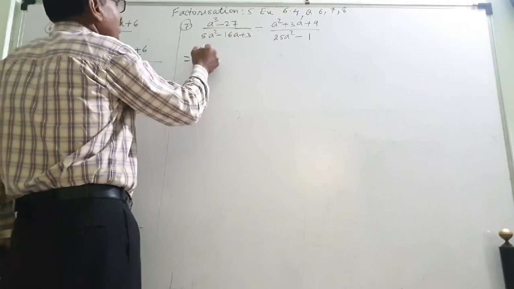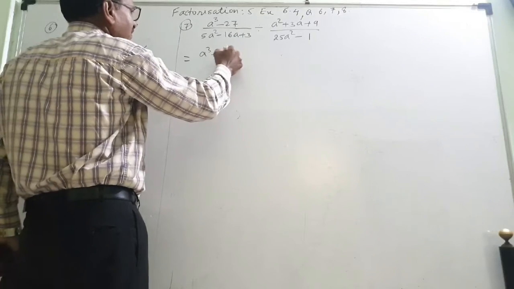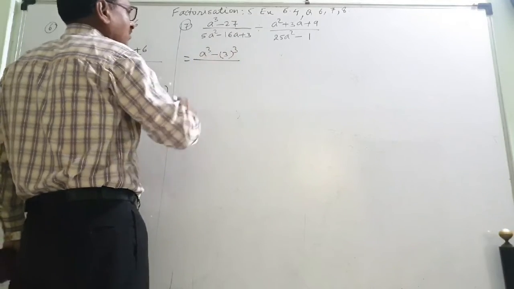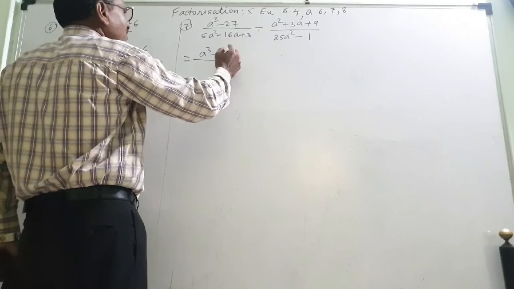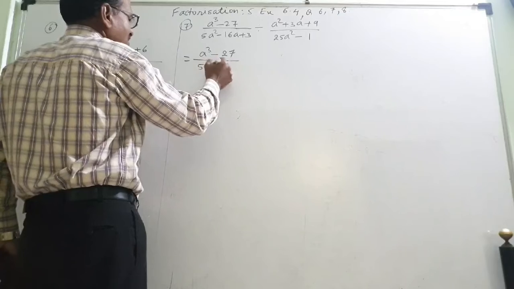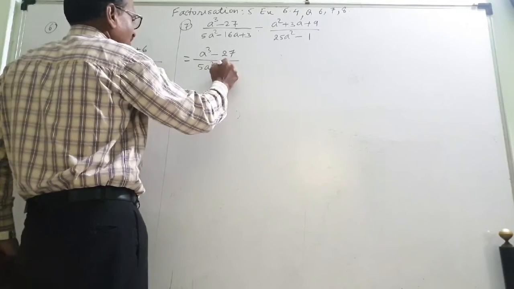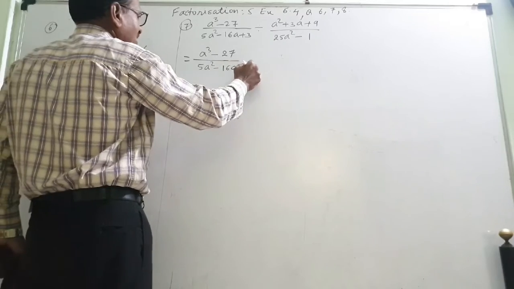So that is equal to a cube minus this is 3 cubed upon. In the first step I will keep it as it is: upon 5a square minus 16a plus 3.